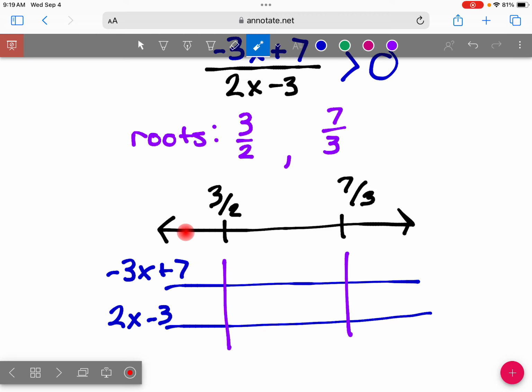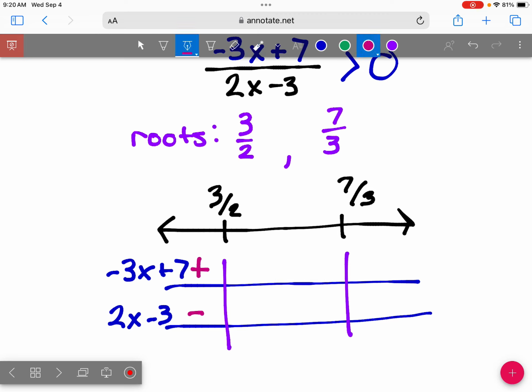If we have a number that is smaller than 3 halves, what is this one going to be? Positive. If we have a number that's smaller than 3 halves, what's this one going to be? Negative. If we have a number between 3 halves and 7/3, is this going to be positive or negative?